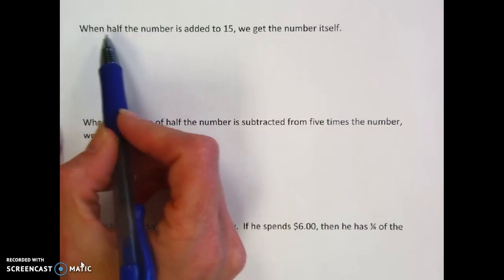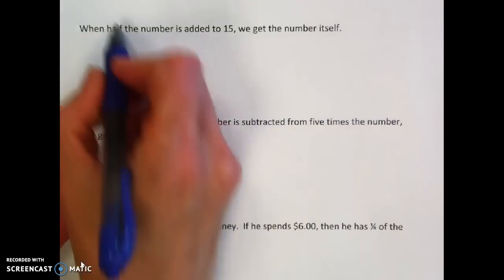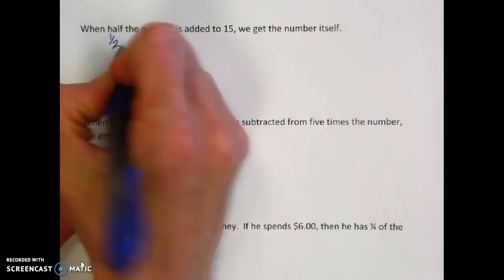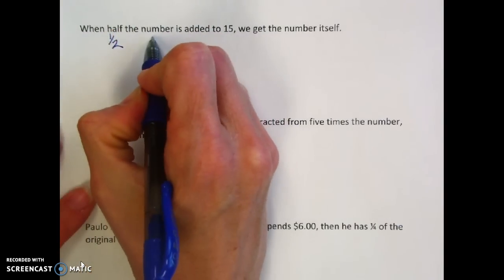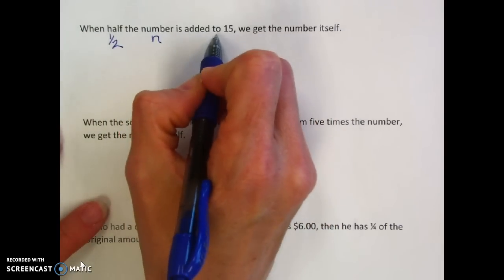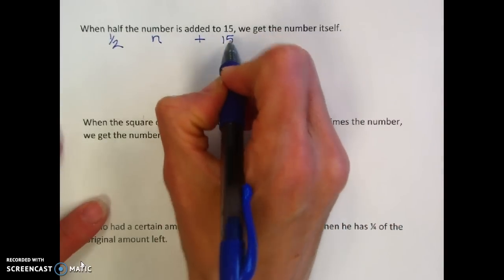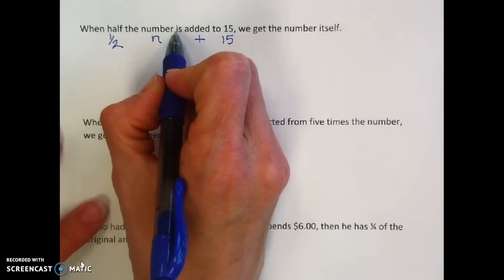So for example, when half the number is added to 15, we get the number itself. Half the number is our variable. So n, x, whatever variable we want, is added to plus 15. Now a lot of times "is" also means equals, but in this case it does not.